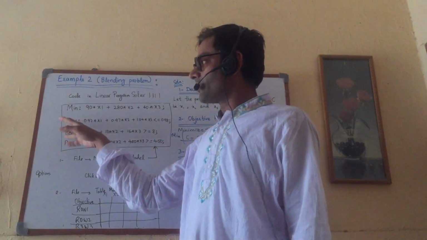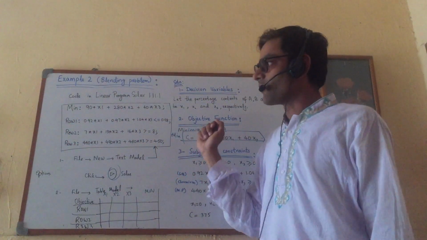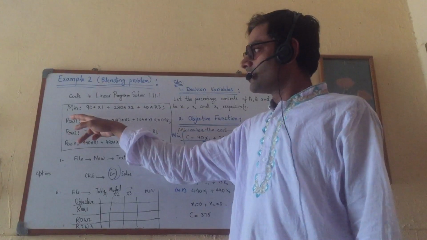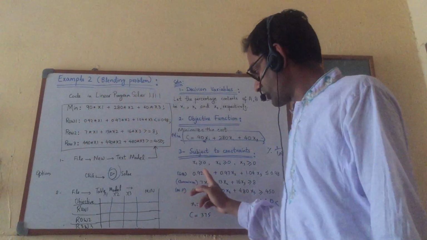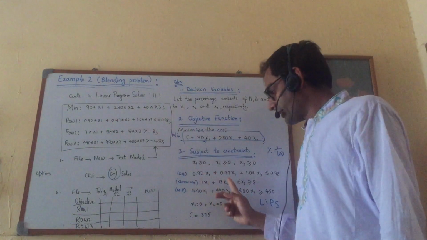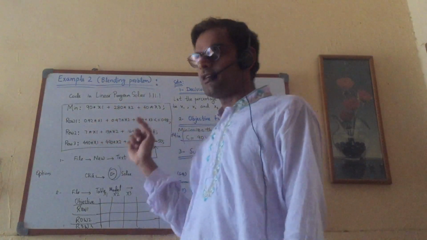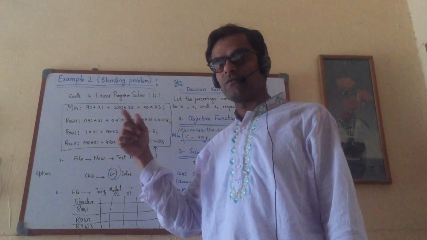Now I'm going to move on to our constraints: row 1 colon 0.92 times x1 plus 0.97 times x2. Now I'm replacing times with an asterisk.